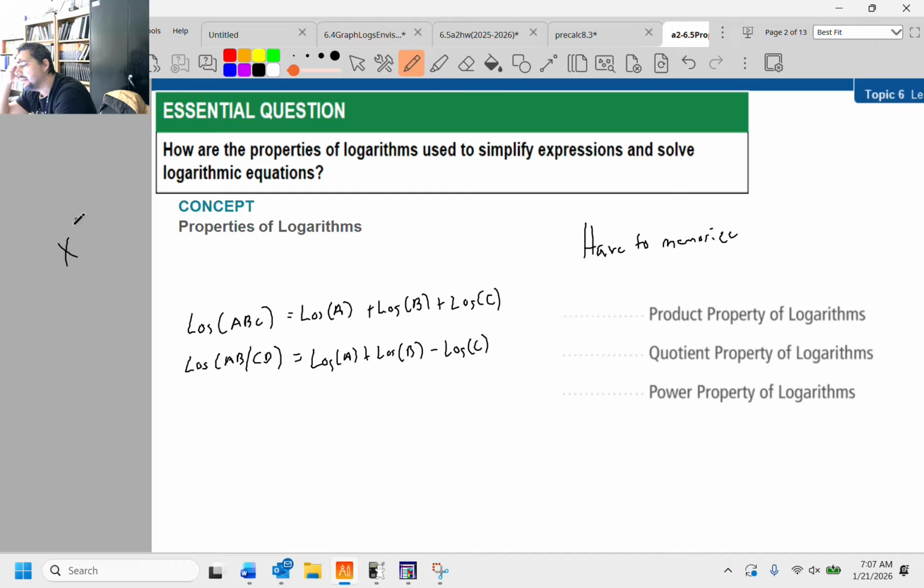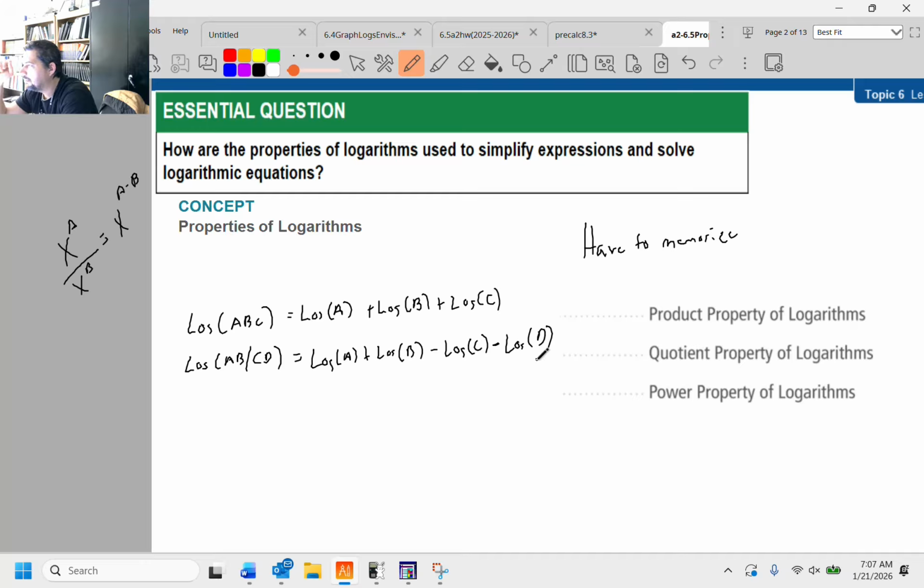It's closely related to this rule. These are inverses, so things look different, but if you know that exponential rule, division becomes subtraction and vice versa. So if it's in the denominator, we take those away because division becomes subtraction.